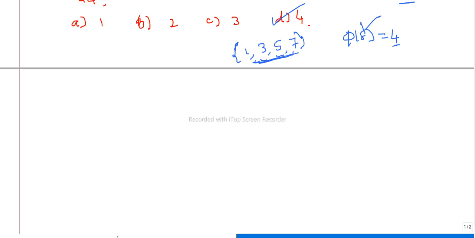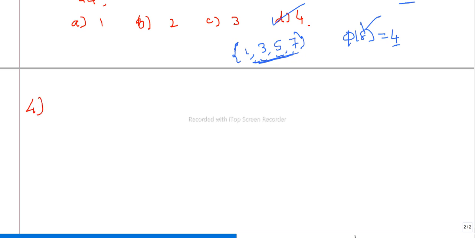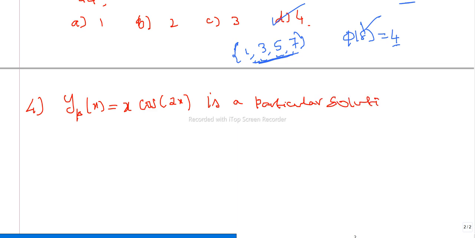So now the fourth problem. Suppose the particular solution yp of x equal to x times cos of 2x, yp means particular solution, is a particular solution of the given equation y double dash plus alpha times y equal to minus 4 times sin 2x.